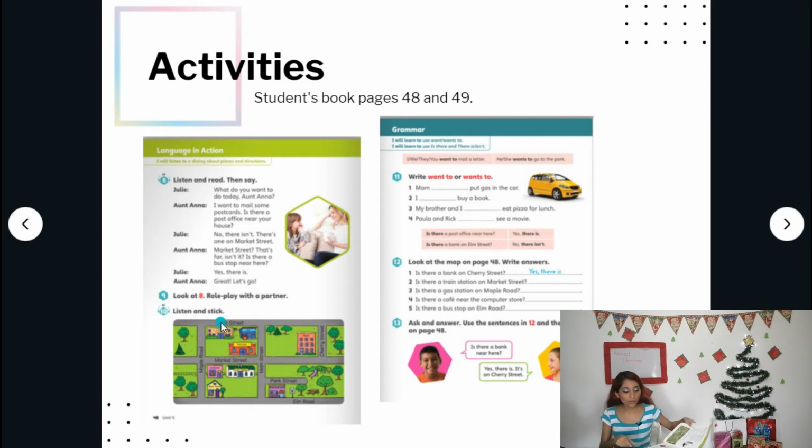So you are going to use the stickers that we have at the back of the book, and we are going to use the ones that say Unit 4, page 48, and we have 1, 2, 3, 4. We have one that is pizza, it's a restaurant. It says supermarket, computer store, and post office. So right now we are going to do this activity.